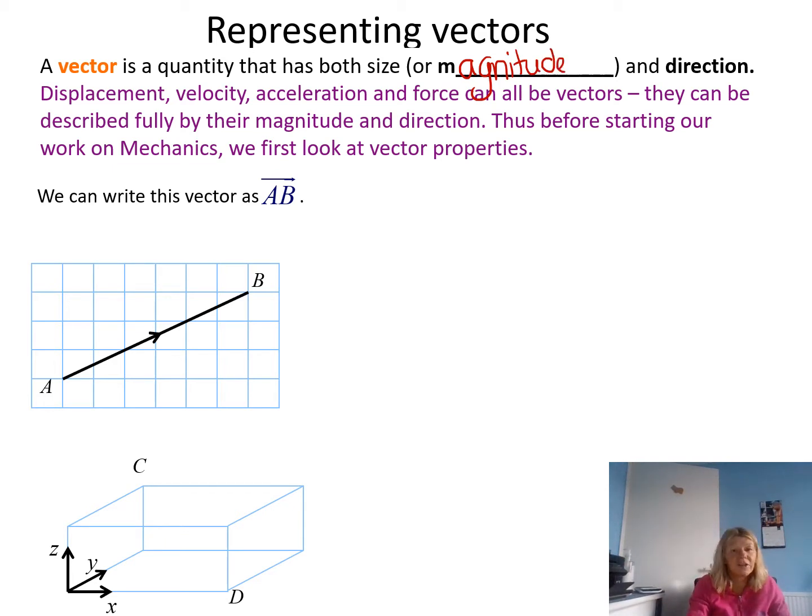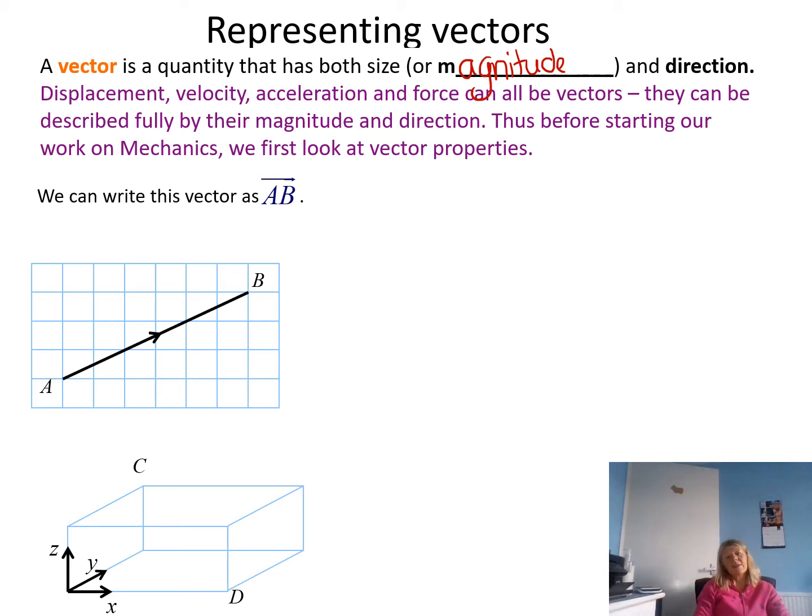Displacement, velocity, acceleration, and force can all be vectors. They can be described fully by their magnitude and direction. Thus, before starting our work on mechanics, we're going to look at vector properties.